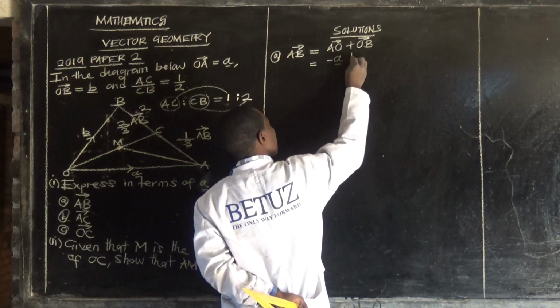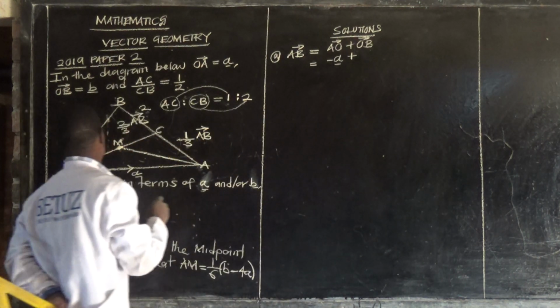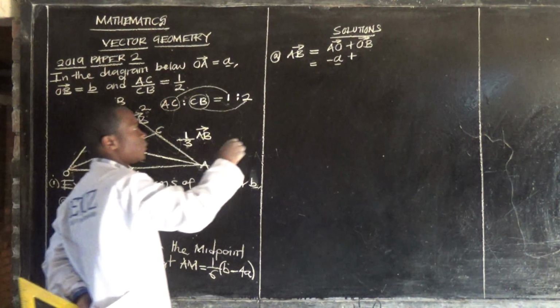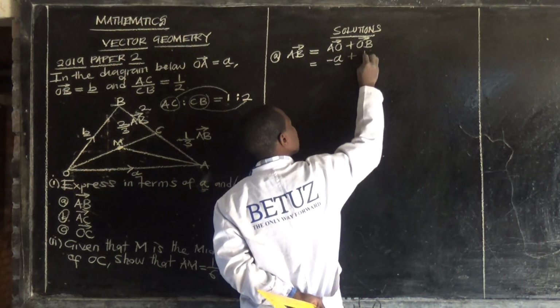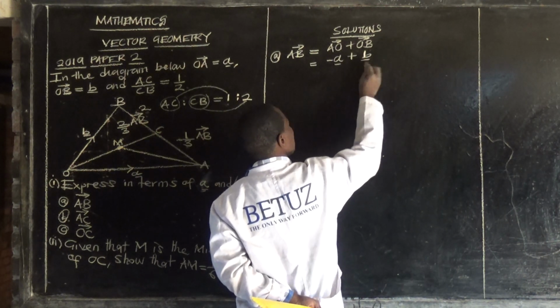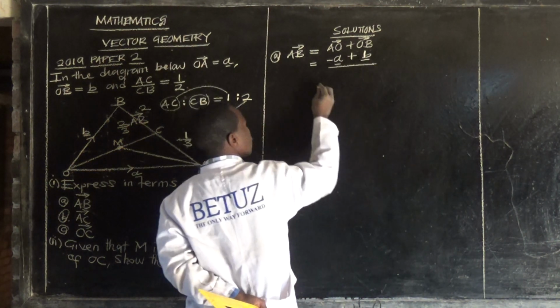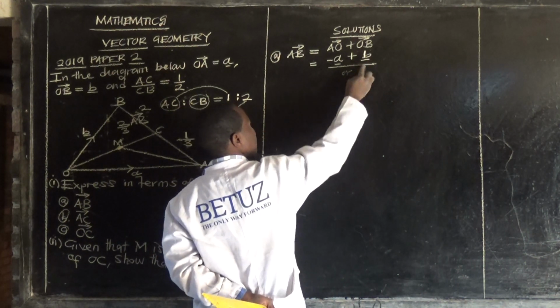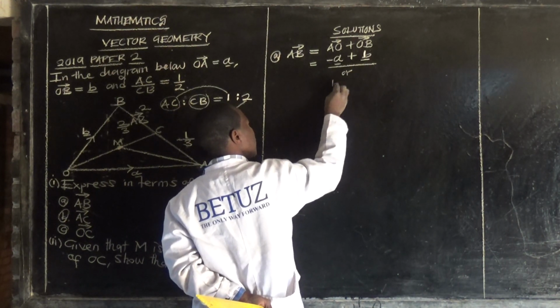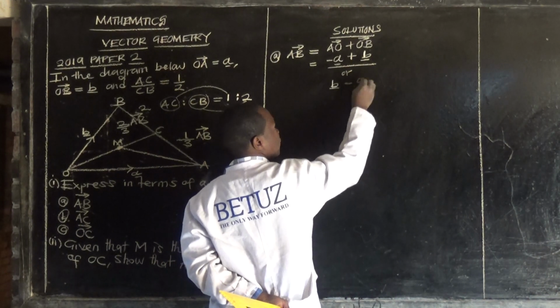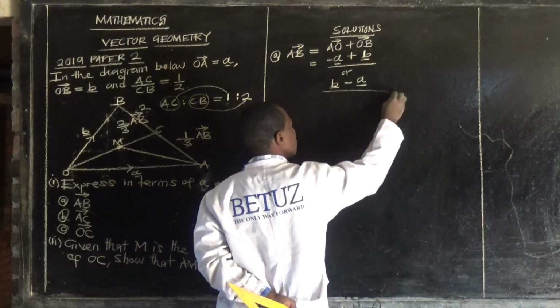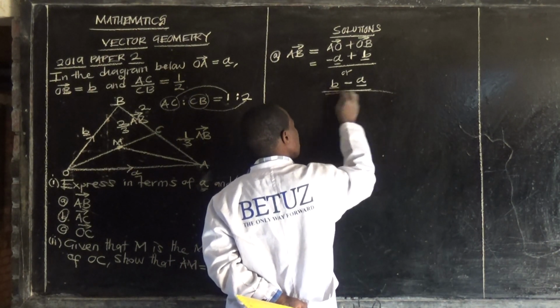Then plus, what is our OB? OB is positive b. So this is our answer. Or others may start with the positive and say vector b minus vector a. Are we together? So this is our answer for the first question.